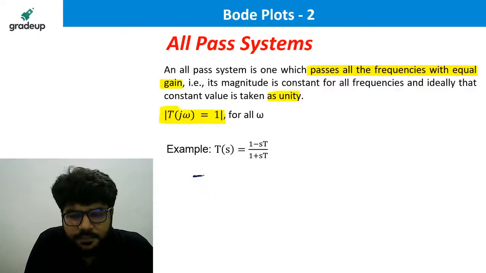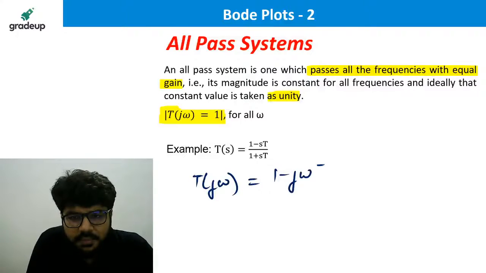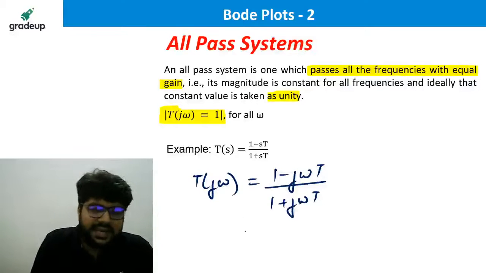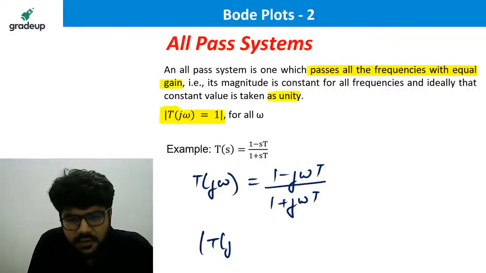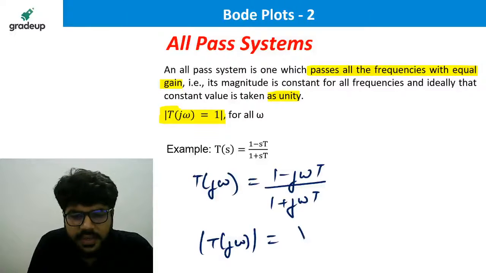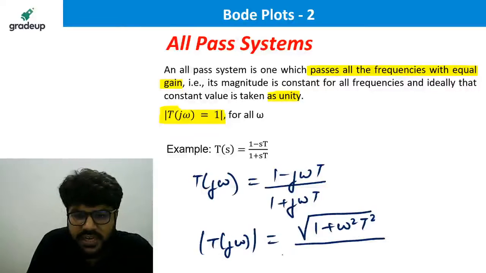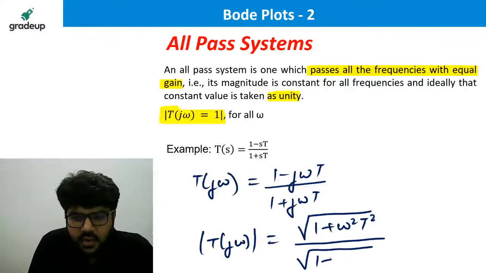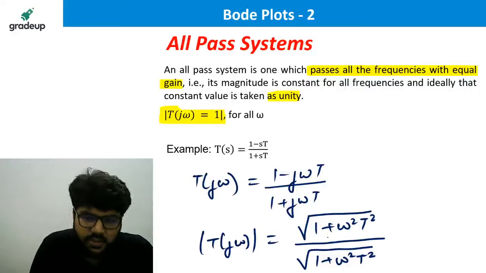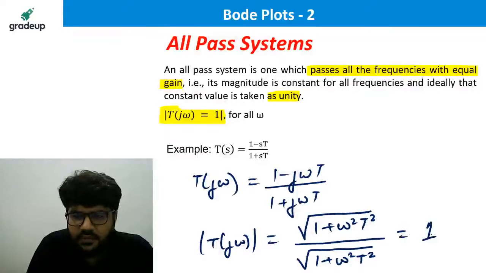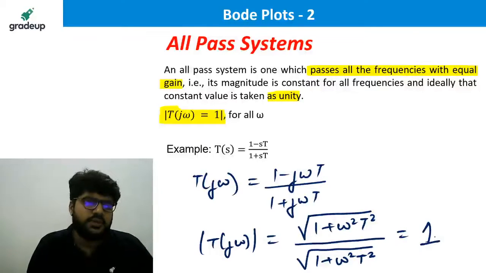If you take it in the frequency domain, Tj omega is 1 minus j omega T upon 1 plus j omega T, and then calculate its magnitude, mod of Tj omega. The numerator is the square root of 1 plus omega squared T squared, because the conjugate makes no difference. X minus jy also has the magnitude root over x squared plus y squared. The denominator is root over 1 plus omega squared T squared.